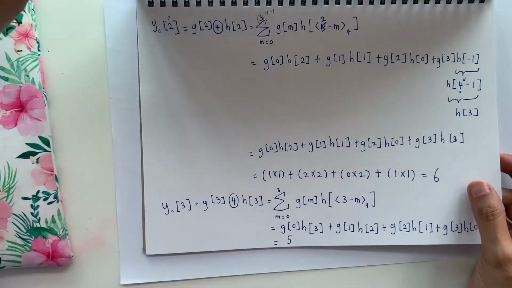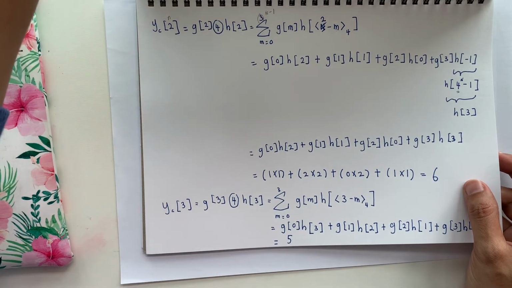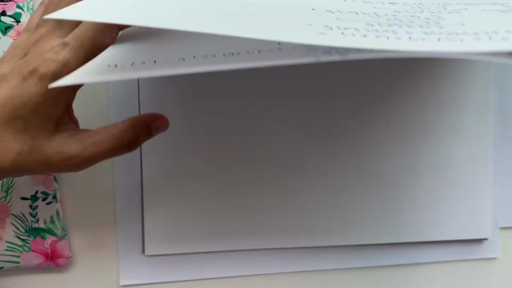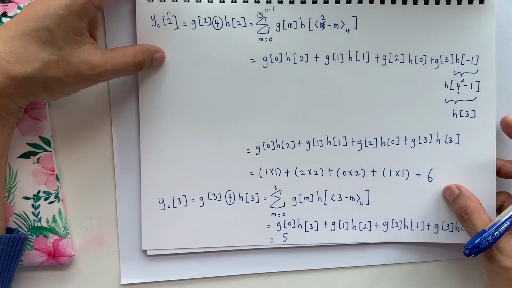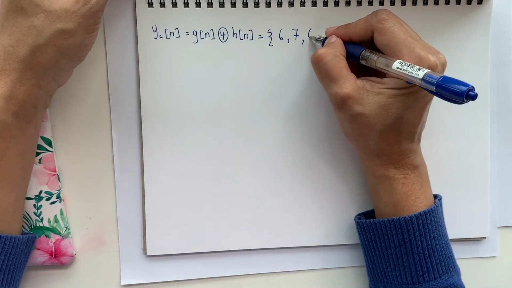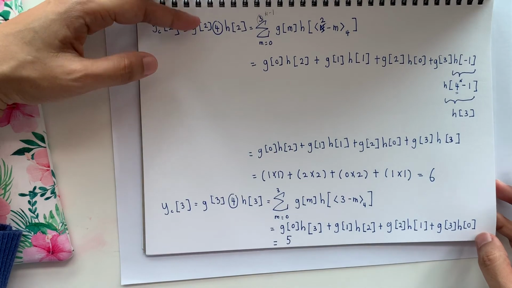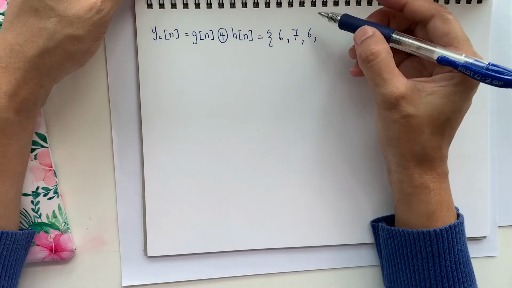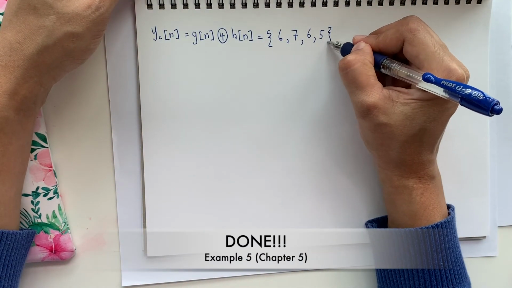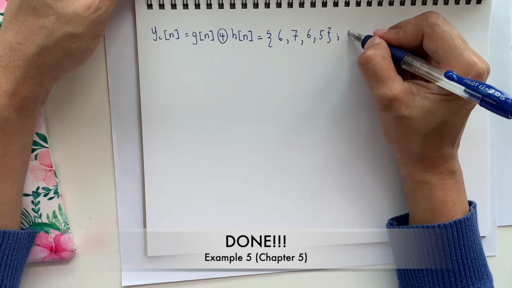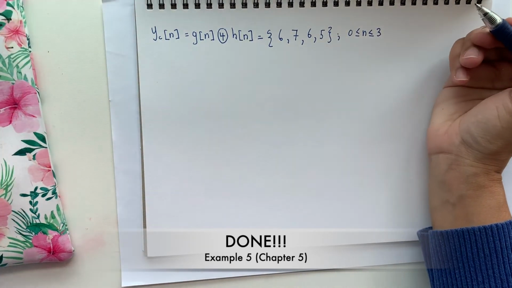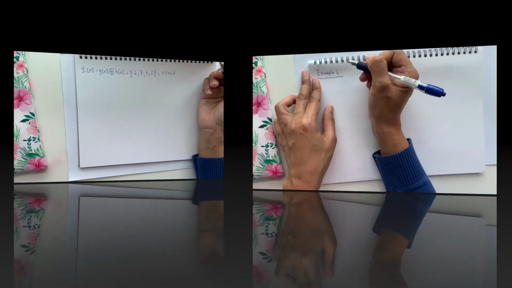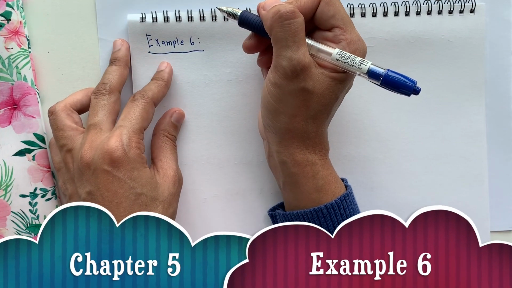YC1, the value is 7. YC2, the value is 6. YC3, the value is 5. So the range is from 0 to 3. Done. Okay, for example number 6.